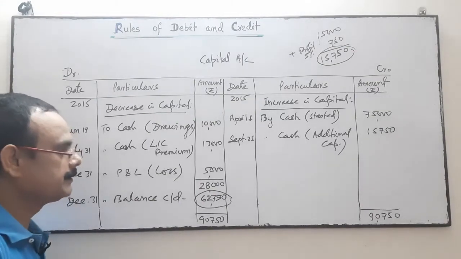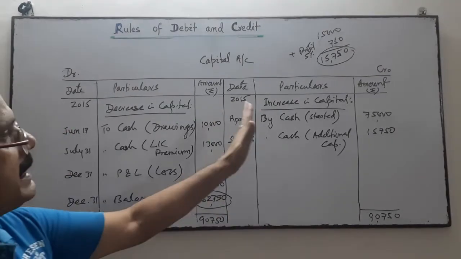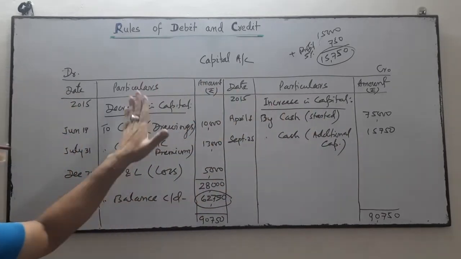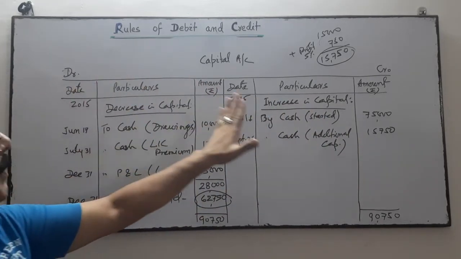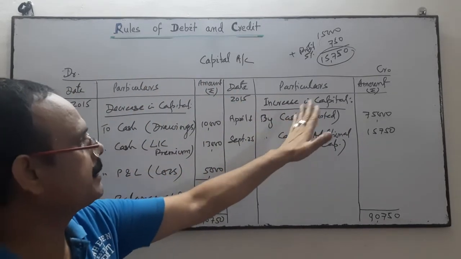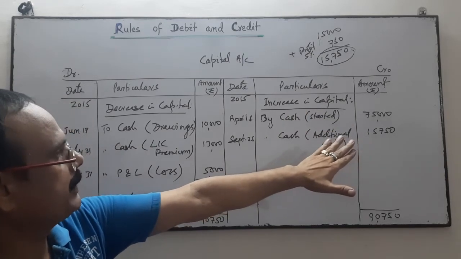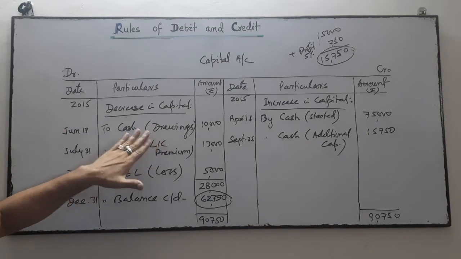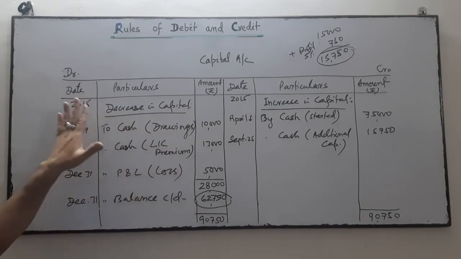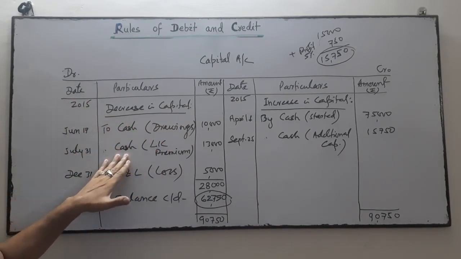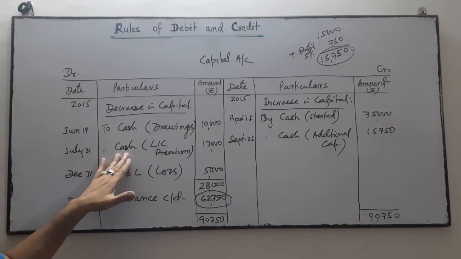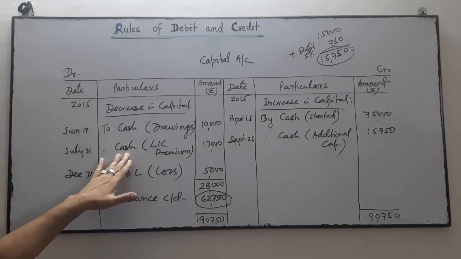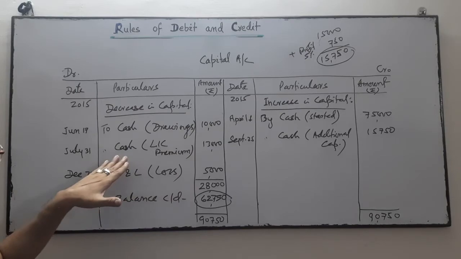Is it clear? So increase in capital will be this side and decrease in capital will be this side. Here the proprietor has introduced capital, so this side the additional capital balance will increase. Withdrawals from the business: life insurance premium is paid, which is the personal expense of the proprietor, but it is paid through the business cash, so the capital will decrease.